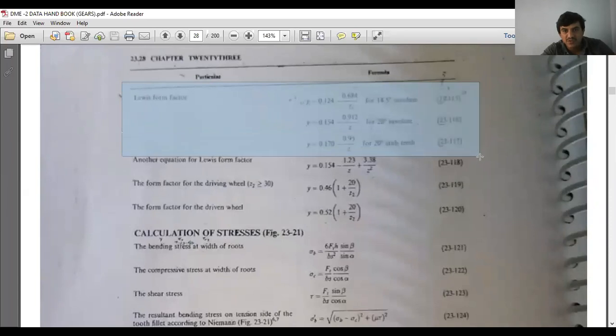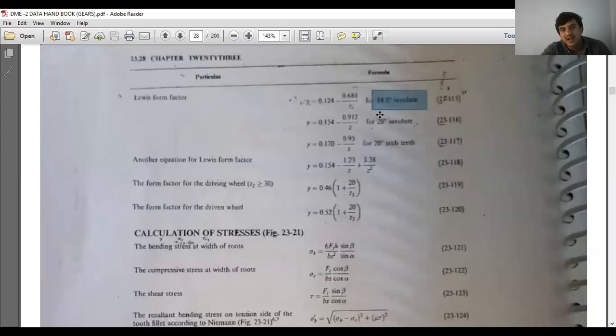See that Lewis tooth form factor. How do you decide? Based on the pressure angle: 14.5 degree pressure angle, or 20-degree full depth involute, or 20-degree stub involute. Based on the pressure angle, we select the Y formula, the Lewis tooth form factor. Right?